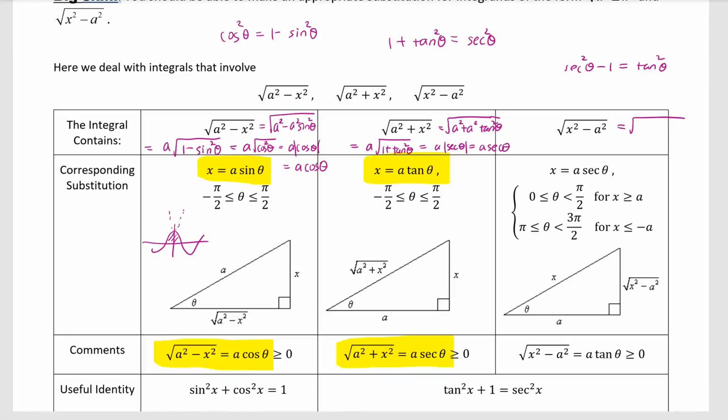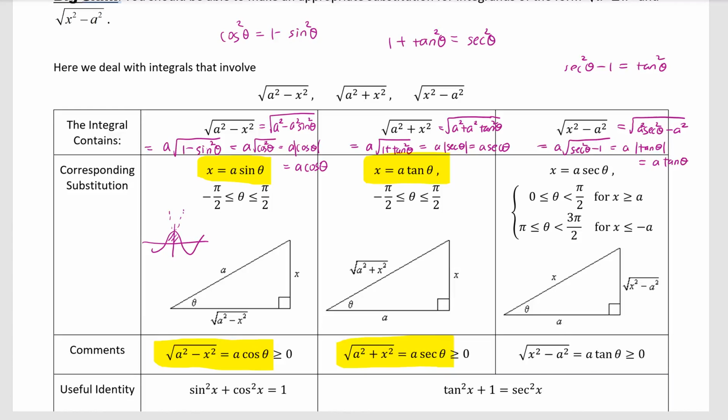Well, then this is a squared secant theta squared minus a squared. We can pull the a squared out of the square roots. It becomes a times square root of secant squared minus 1, which is square root of tangent squared. That's absolute value of tangent. But because on the angle, the tangent is always positive, that's why this is a tangent theta.